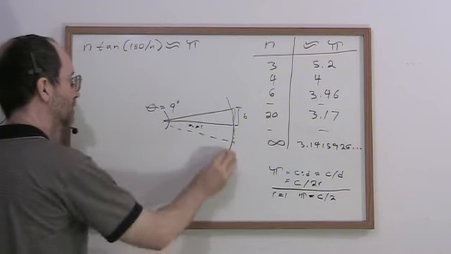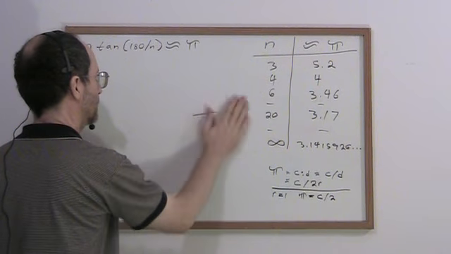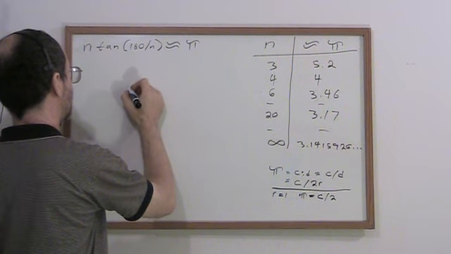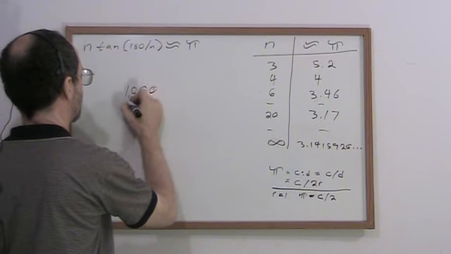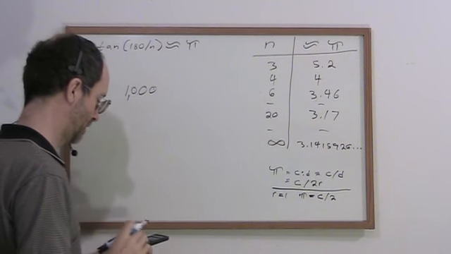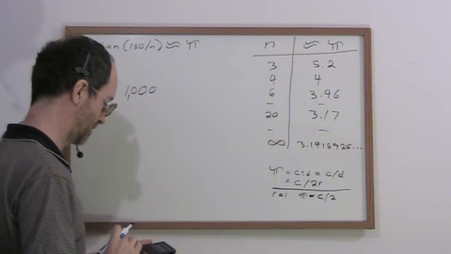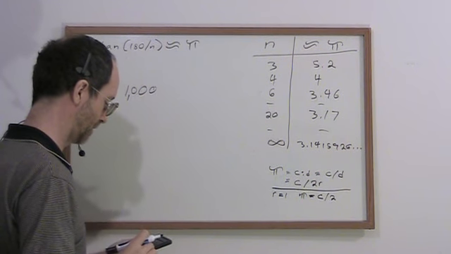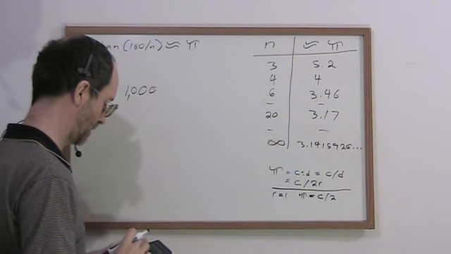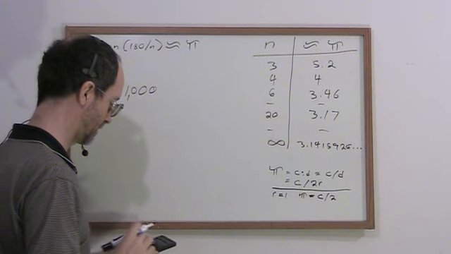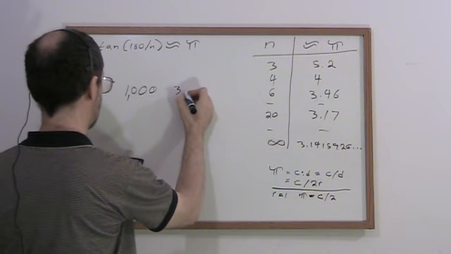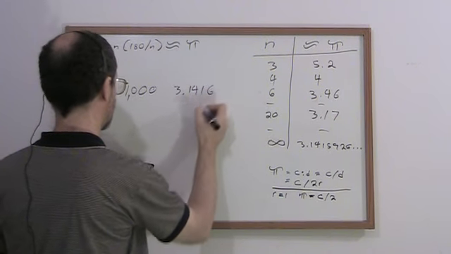So, just for giggles, let's say for 1,000 sides, what's our approximation of pi? 180 divided by 1,000 equals 0.18, tangent, times 1,000. 1,000 sides equals 3.1416.